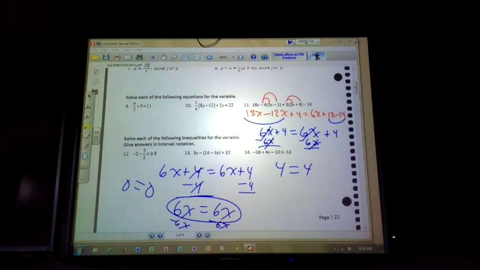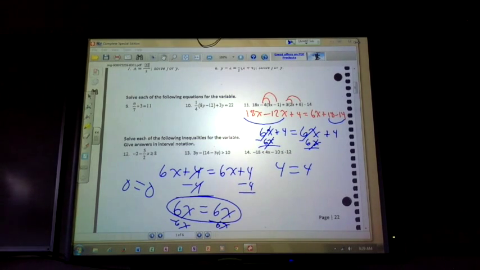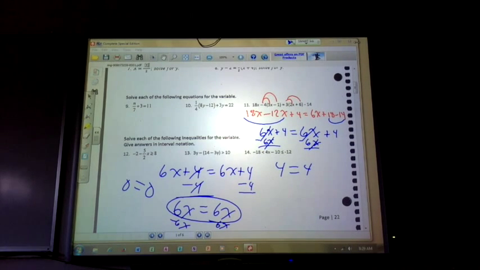Sheesh. So it's totally true. We totally agree that 4 is equal to 4 and 0 is equal to 0. And 6x plus 4 is equal to 6x plus 4. And 6x is equal to 6x. We have all of these different things that are true. How many solutions do you think we have? Yeah. Infinite solutions. Good. So it's a little bit of a trick.